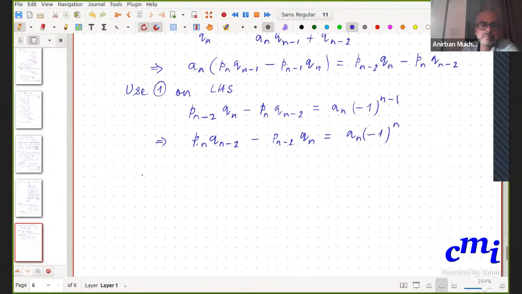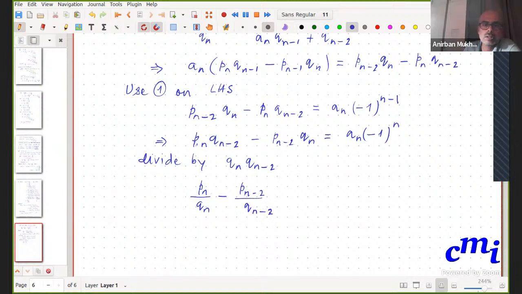Now divide this by Qn Qn minus 2. So Pn by Qn minus Pn minus 2 by Qn minus 2 is equal to An times minus 1 to the n over Qn Qn minus 2.